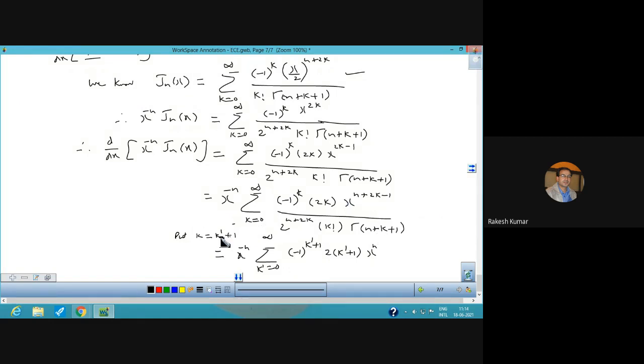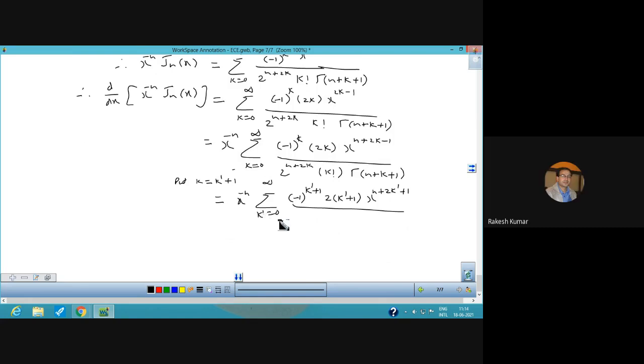Now you just see, when you put k dash in place of k here, it becomes 2k dash, so 2k dash and 2 minus 1 will be plus 1, and it is divided by 2 raised to power n plus 2k dash plus 1, and k factorial is there. K factorial can be written as k dash plus 1 factorial.